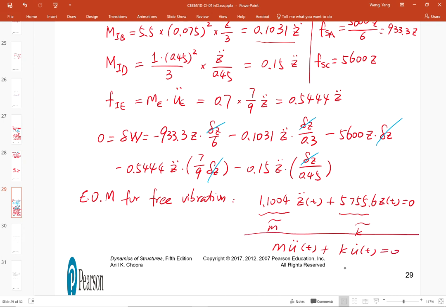We'll be studying this free vibration under initial displacement u of 0, or under initial velocity u dot of 0, or both. We'll study how a system like this responds, and mathematically, of course, those are the same problem. You could have an initial displacement z of naught, or initial velocity z dot of naught, and you let the system go freely and vibrate on itself. This is the equation that describes the dynamics.